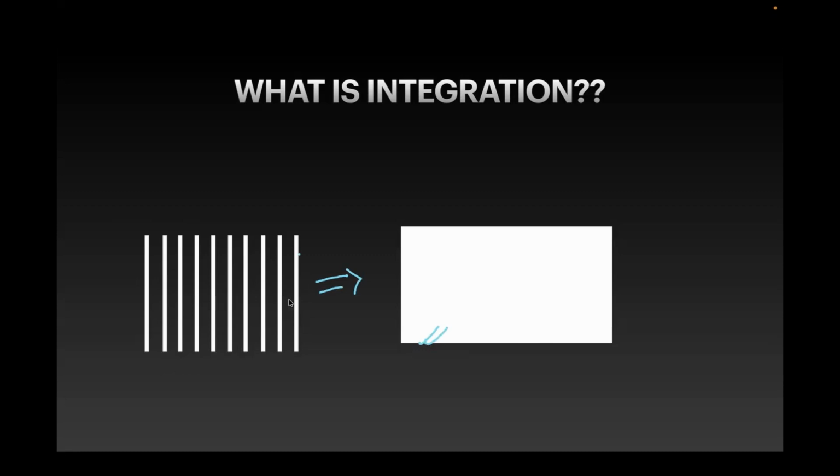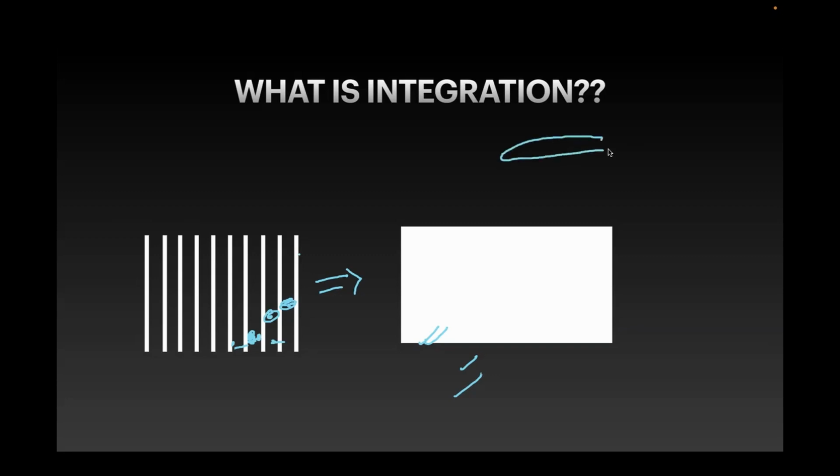You are going to take glue, attach, apply glue, attach, and so on. What is it going to create? This shape. So this is what you are going to do in integration. Clear?